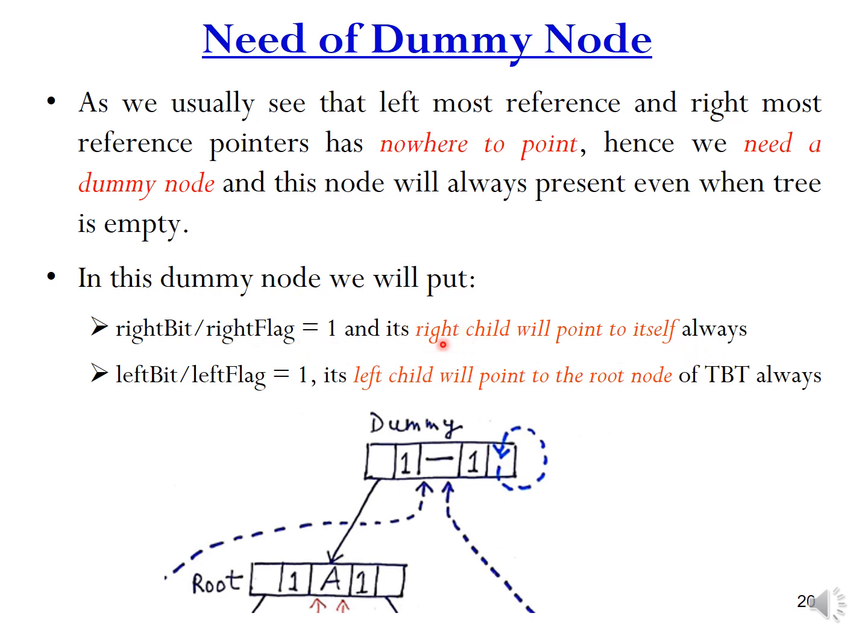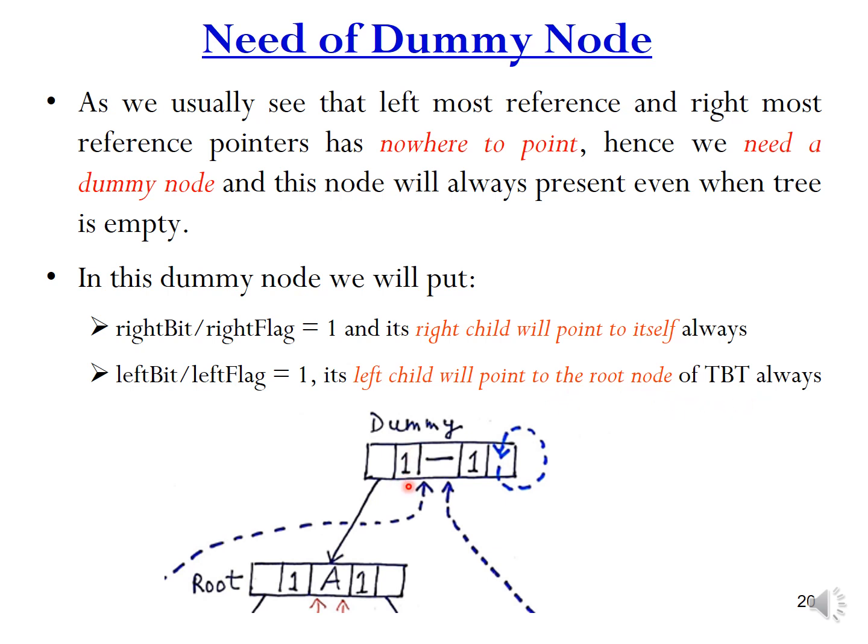It means its right child will point to itself always. Like here in this figure, this is the structure of the dummy node. On the right-hand side this right flag is 1, and its right child will point to itself always. And if the left flag is 1 in this dummy node, it means its left child will point to the root node of the threaded binary tree always.